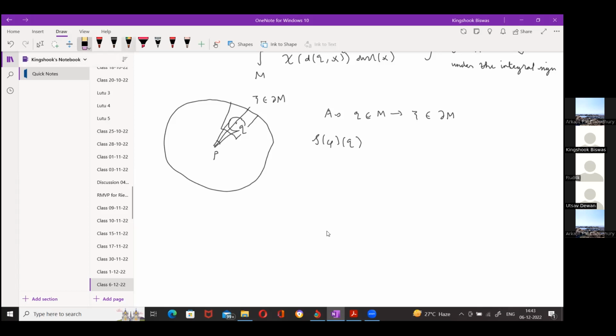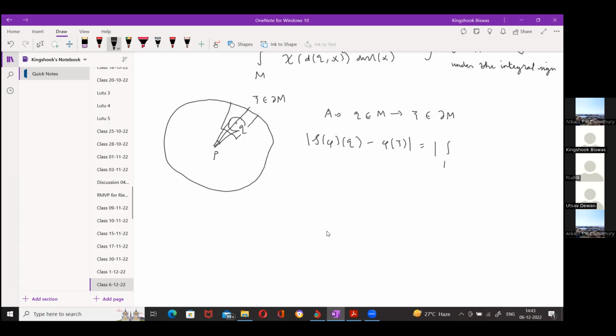If I look at S phi of q minus phi of xi, then this I can write as, I can take this phi of xi into the integral, because u_q has integral 1.